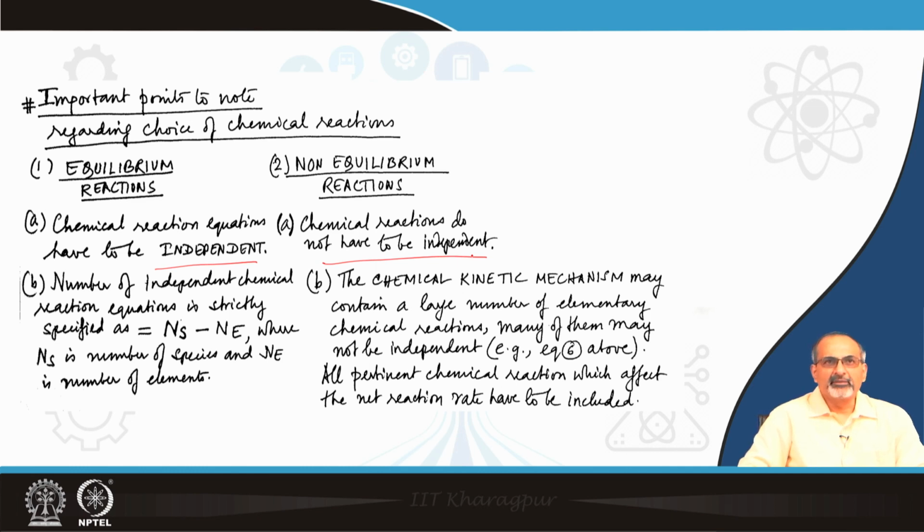The number of independent chemical reaction equations is strictly specified here as Ns minus Ne, where Ns is the number of species and Ne is the number of elements, while on the non-equilibrium side the chemical kinetic mechanism may contain a large number of elementary chemical reactions, all of which have to be tracked and included, while they may not be independent of each other.